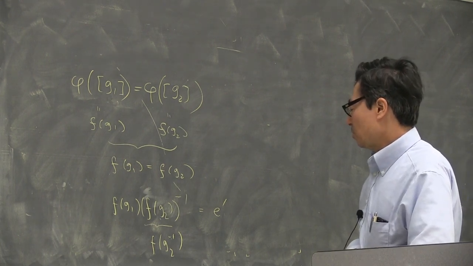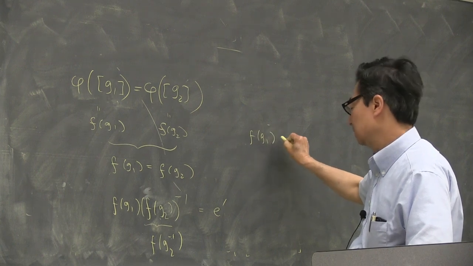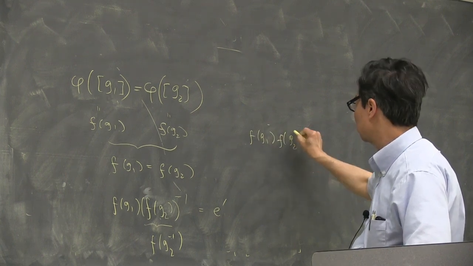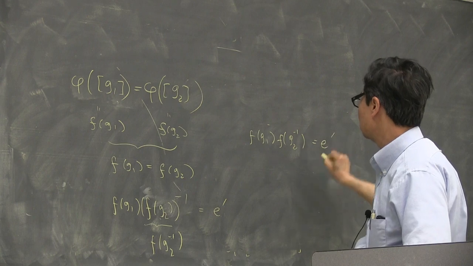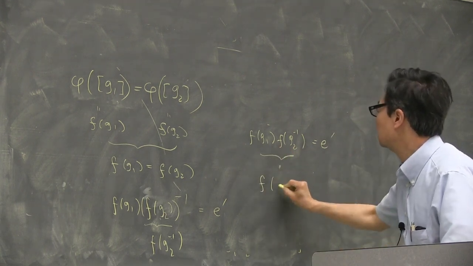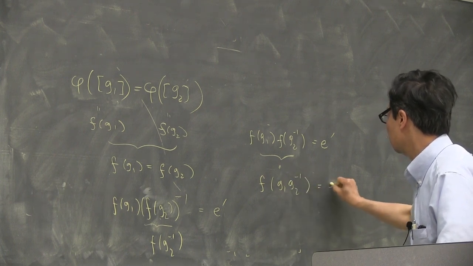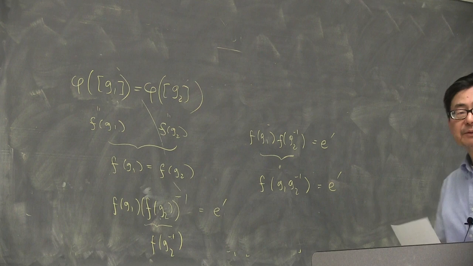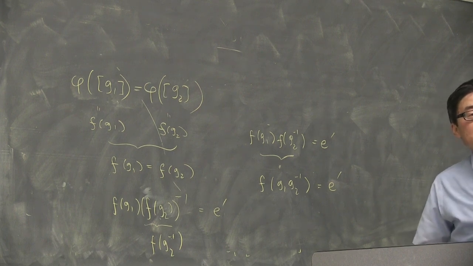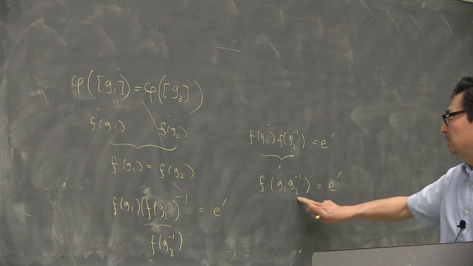So therefore, this implies that f of G1 times f of G2 inverse is equal to E prime, but because this is a group homomorphism, this is equal to f of G1 G2 inverse, that must be equal to E prime, okay? For group homomorphism, what must this be then?